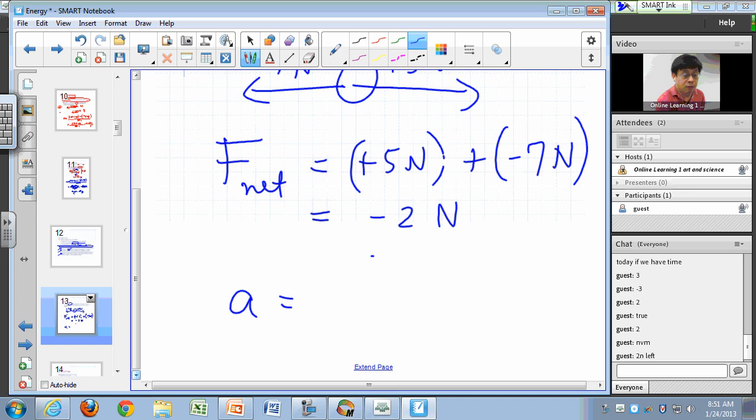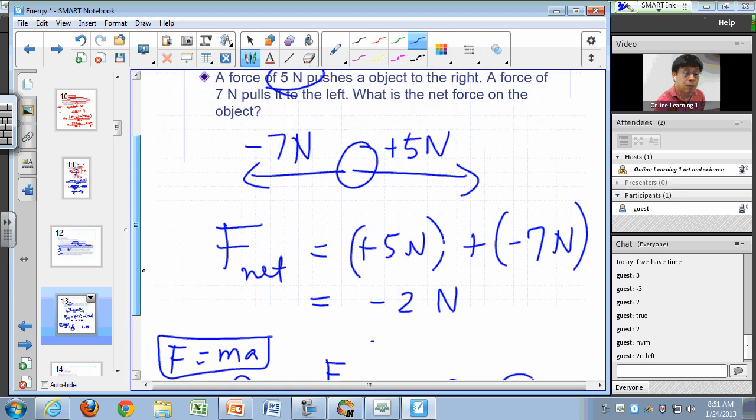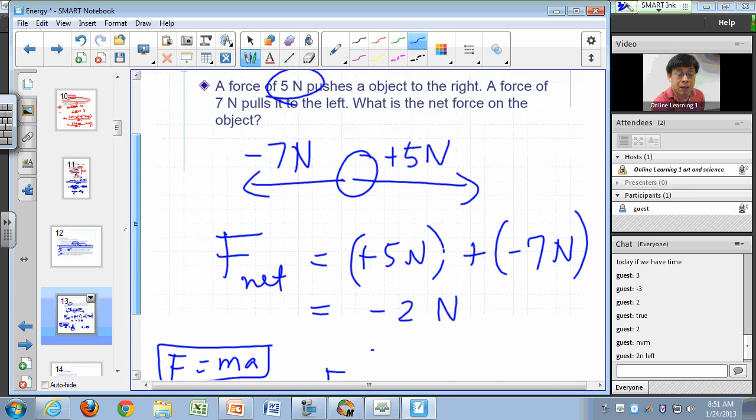Force is mass times acceleration. So if you solve for acceleration, that's force divided by the mass. Mass is always positive, so you expect the acceleration is going to be also a negative number in this case. In other words, if this object was already moving to the left to begin with, it's going to speed up to the left. It's going to accelerate to the left.